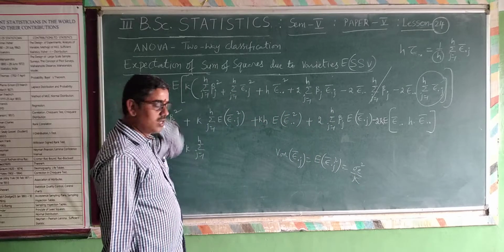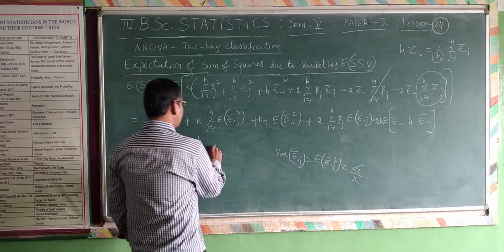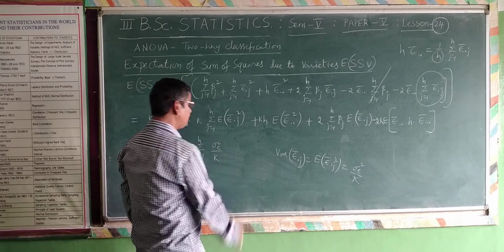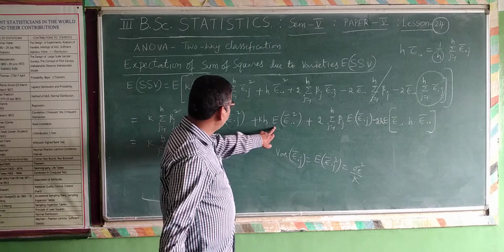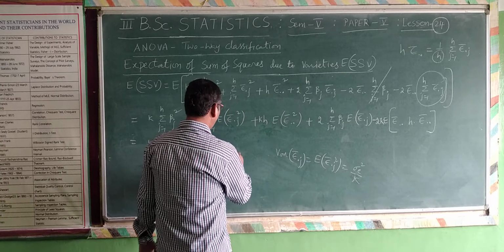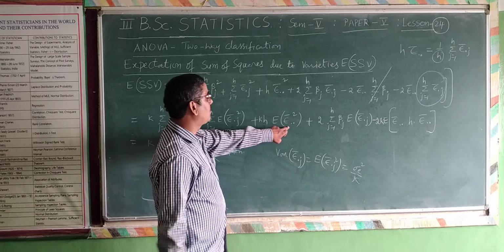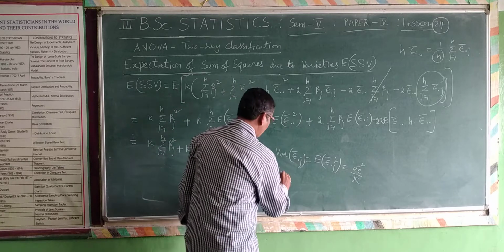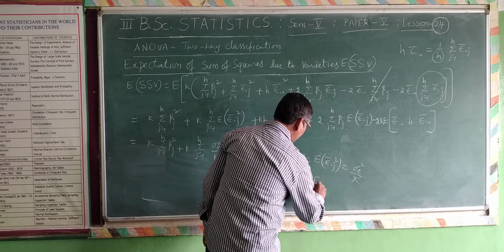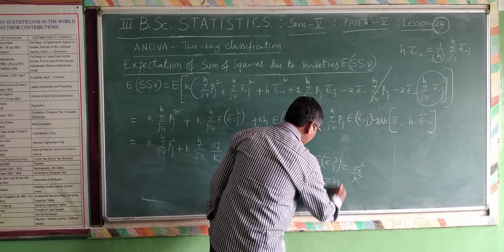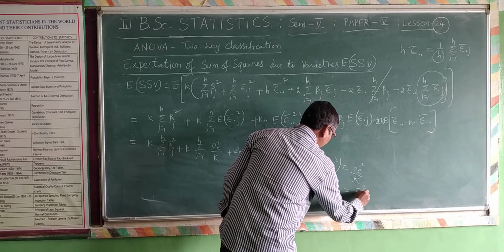That is the result we have. So it is sigma squared e divided by k, right? And then this is plus k h into expectation of epsilon bar dot dot squared. This is the variance of epsilon bar dot dot, which equals the expectation of epsilon bar dot dot squared, which equals sigma squared e by k h.